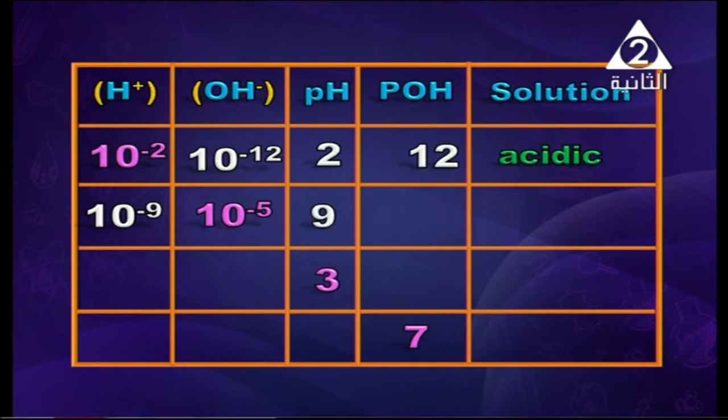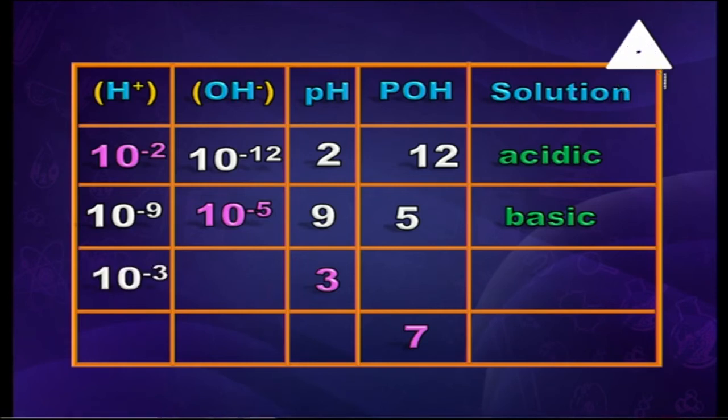And here pH equals negative log the concentration of H positive, so pH equals 9. And here pOH, negative log the concentration of hydroxide ion, equals negative log 10 to power negative 5 equals 5. And solution is basic as pH is greater than 7.